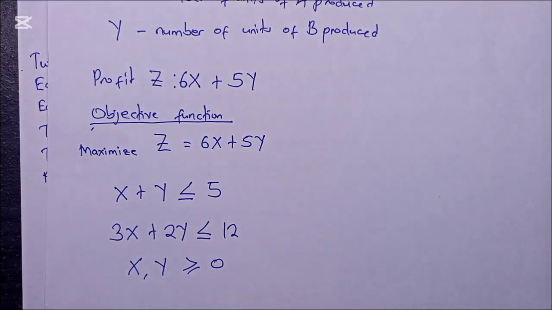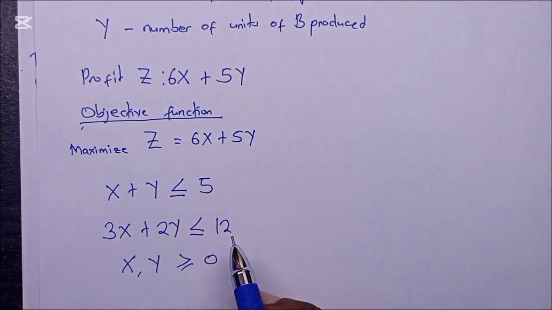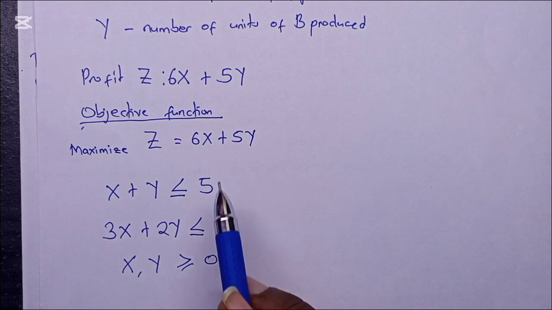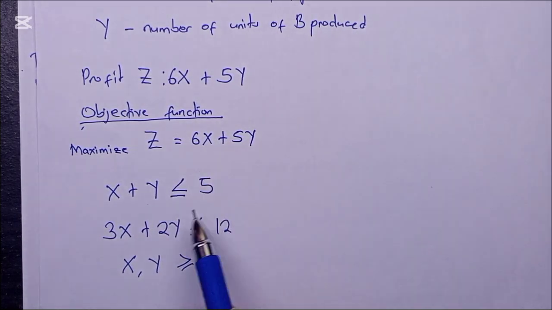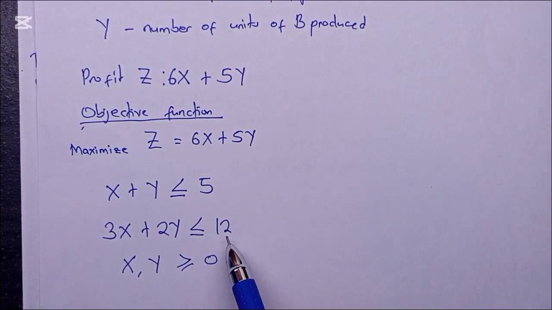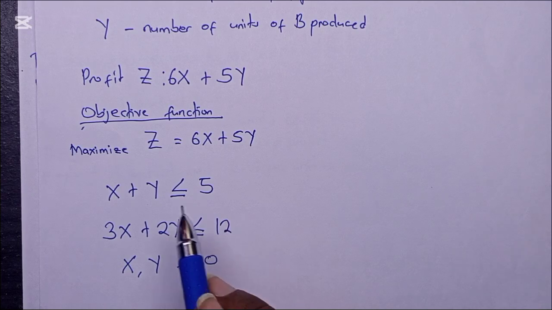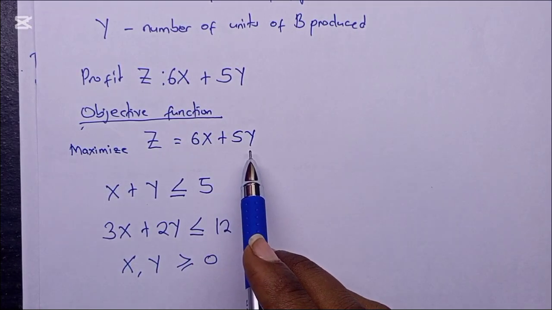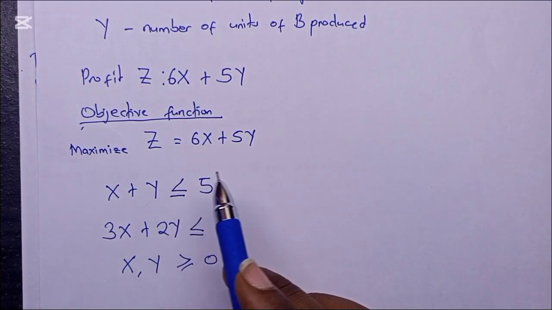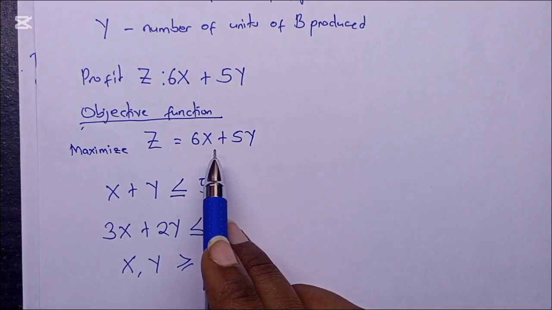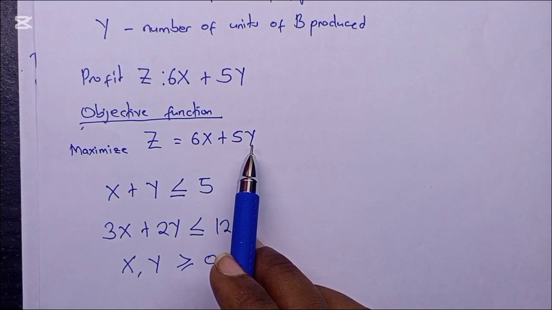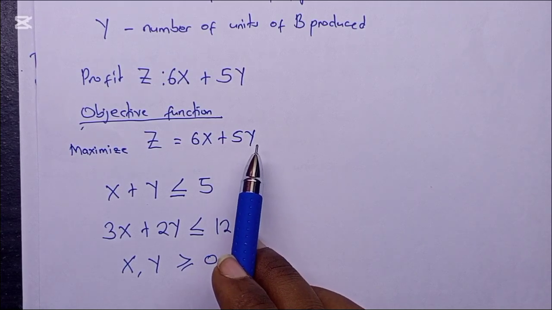So he wants to maximize profit, and these are the constraints that he has. In summary, the profit associated with x units of product A and y units of product B is 6x plus 5y. The manufacturer will determine x and y such that this function is maximized, since he wishes to maximize profit.